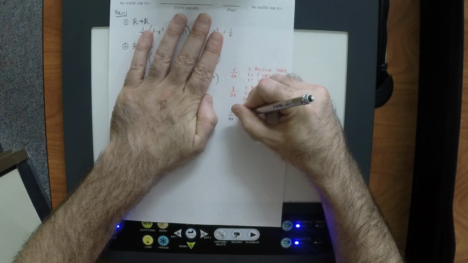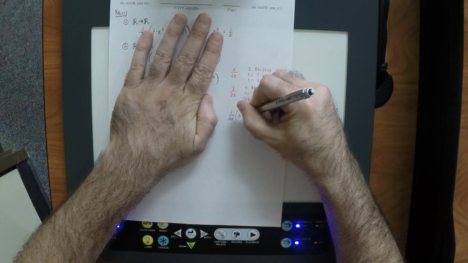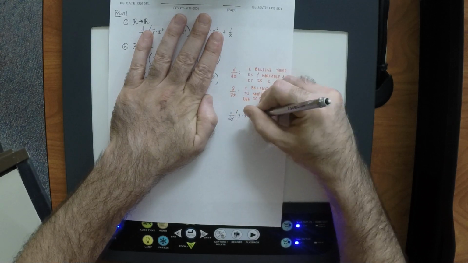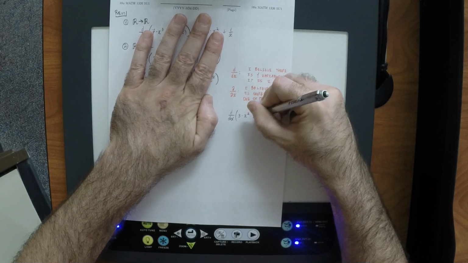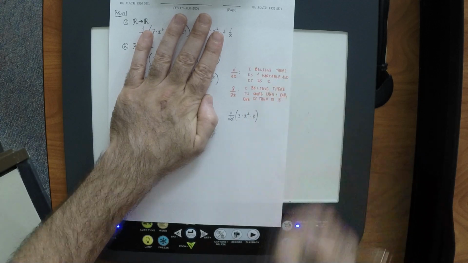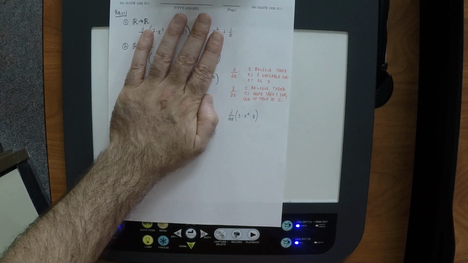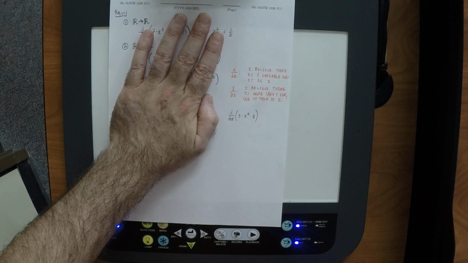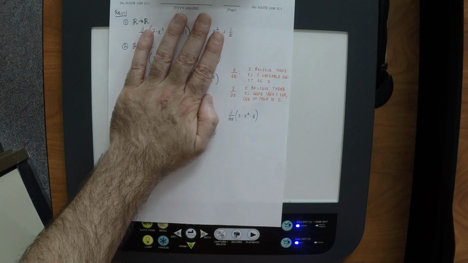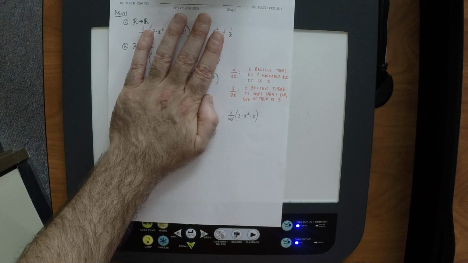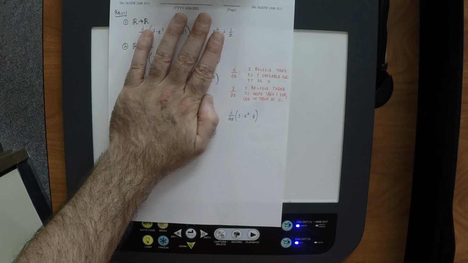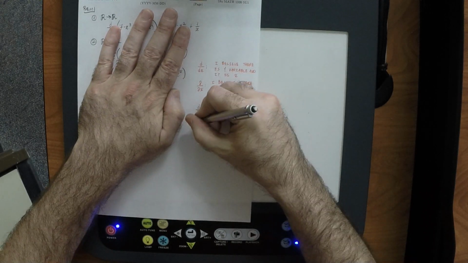If I wrote 3 times x squared times 8, and I asked you to do that, I don't know what you'd do in your head, but eventually I think you'd tell me the answer is 48x. Now here's one way to go about it.